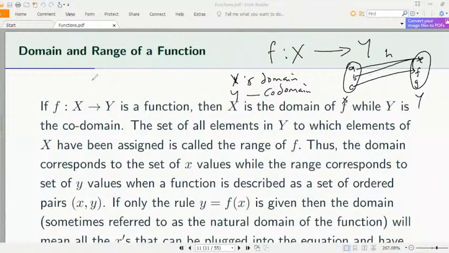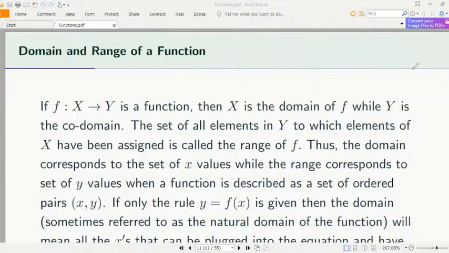So the range of this function is the set of the elements in the codomain to which we have assigned. In this case, the set of E and F makes the range. G is not in the range, but it's in the codomain.